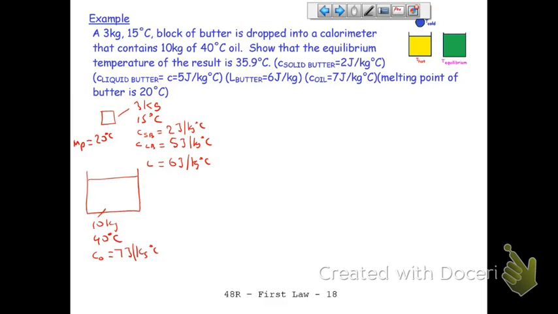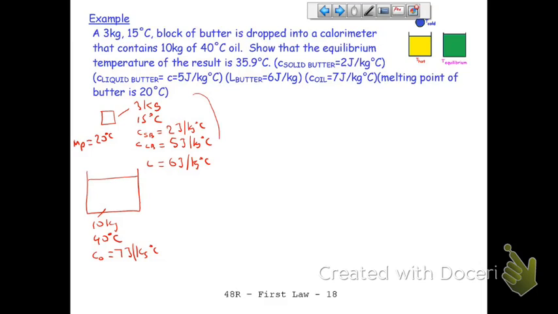Step 1, the butter heats up to its melting point. Then what does it do? It melts, so it's liquid butter. Then what does it do? It heats up to its final temperature. 3 steps. What do I do to the oil? I've not got a heater on the oil, it's just warm oil. I cool down the oil. 4 terms.